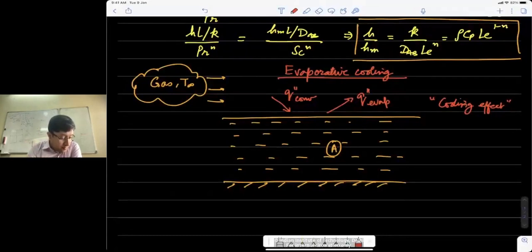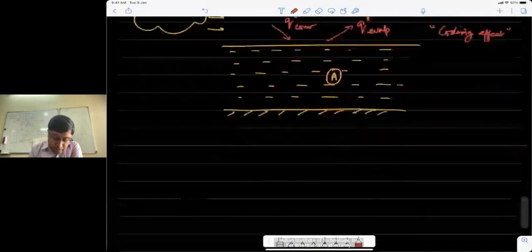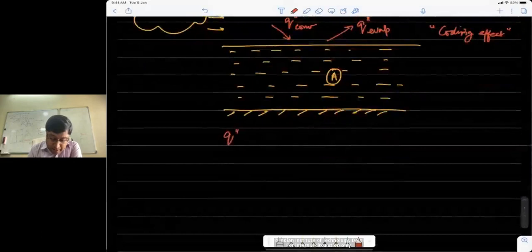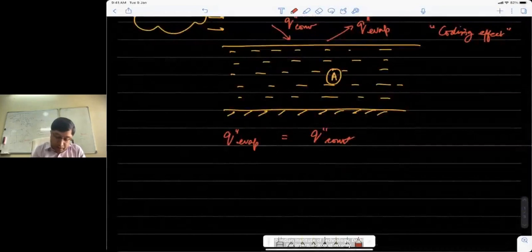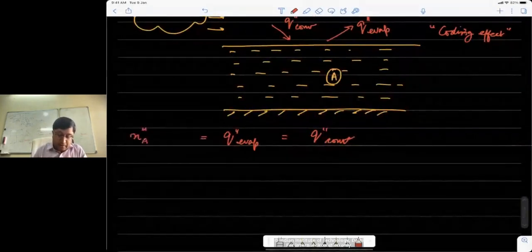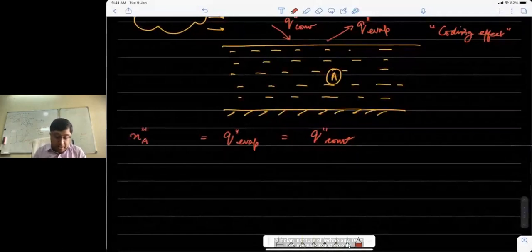Let's say that we are dealing with a scenario where there is no heat addition. So Q double dash evaporation should be equal to Q double dash convection. Q double dash evaporation is given in terms of the mass flux, which I'm going to write as n double dash A. Small n denotes the mass flux, not the molar flux.